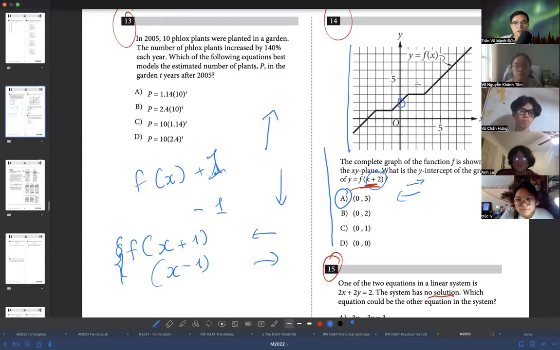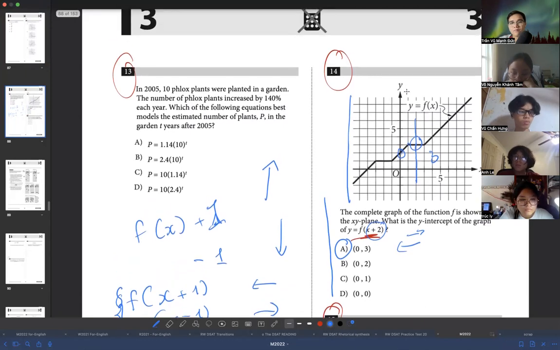Left, exactly. You're moving this to the left 2 units, which is moving this up 2 units here. So you're gonna have to shift this up to 1 and 2. So this will be the new y-intercept, and it will be 3. Exactly, very good.